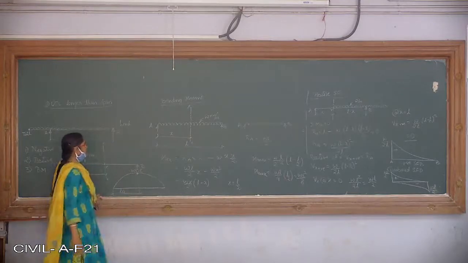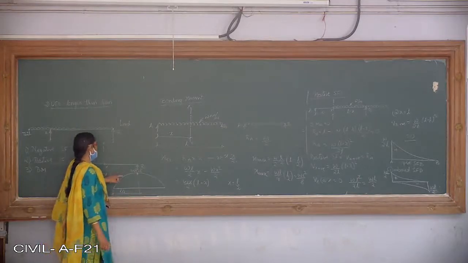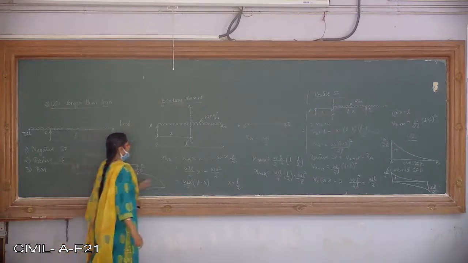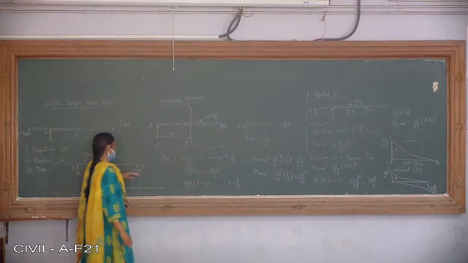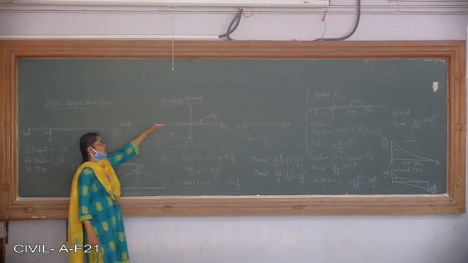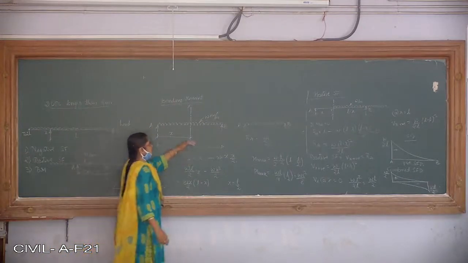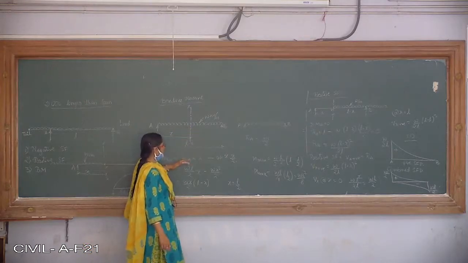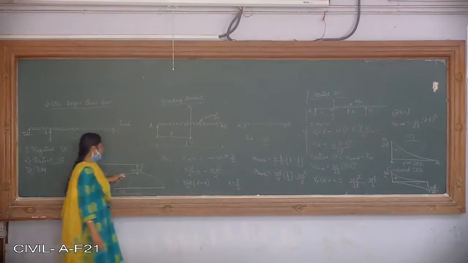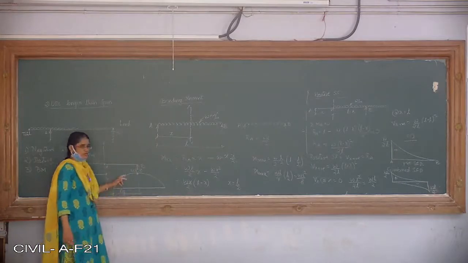And if you want to calculate the moment at any section X, it is going to be Ra into X minus W x square by 2. So you have to calculate the value of Ra for the given loading, substitute in this expression, and get the value of the moment at that particular location.